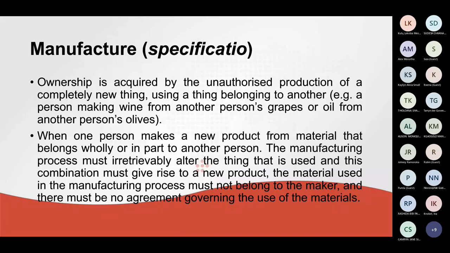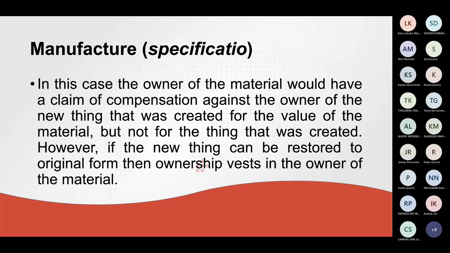The manufacturing process must irretrievably alter the thing that is used, and this combination must give rise to a new product. So the material used in the manufacturing process must not belong to the maker, and there must be no agreement governing the use of the materials. In this case, the owner of the material, the owner of the grapes or the owner of the olives, will be able to claim compensation from the person who made the wine or the olive oil for the value of the material.